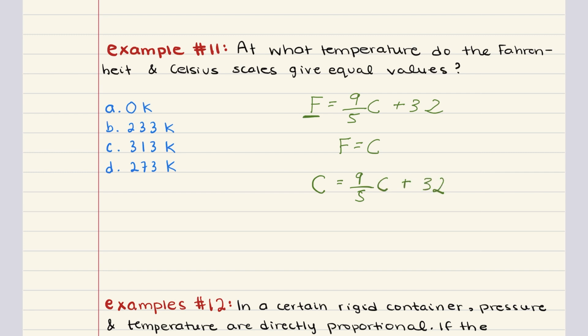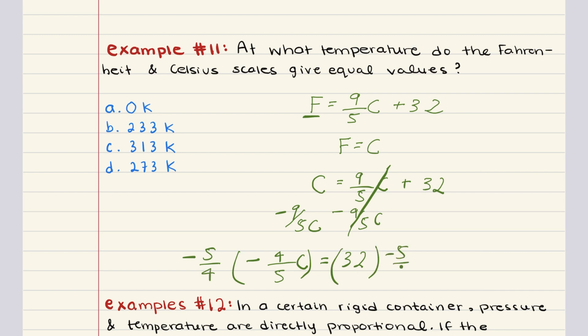Now we're going to solve this equation step by step. We're going to first subtract 9/5 Celsius from both sides. So now we have minus 4/5 Celsius is equal to 32. Now we're going to multiply both sides by minus 5/4. This gets us that Celsius is equal to minus 40.